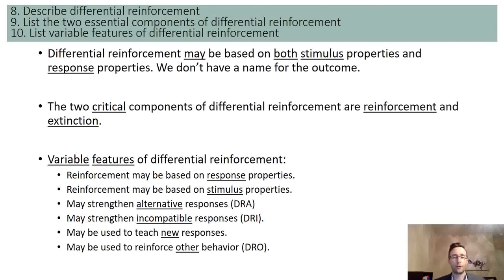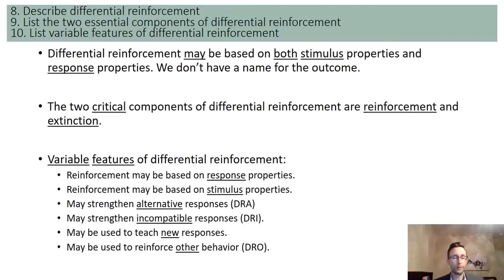Sometimes folks say differential reinforcement of other behavior, but really the reinforcer isn't delivered contingent on behavior in a DRO. In a DRO, if the behavior doesn't occur for a predetermined period of time, then the reinforcer is delivered.